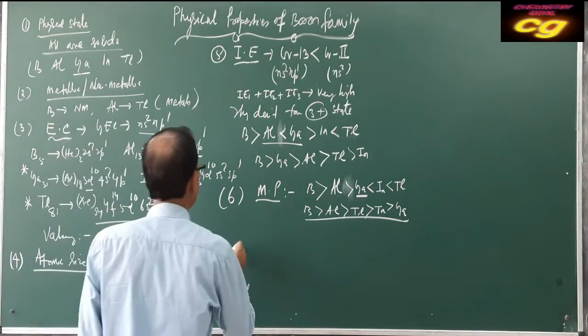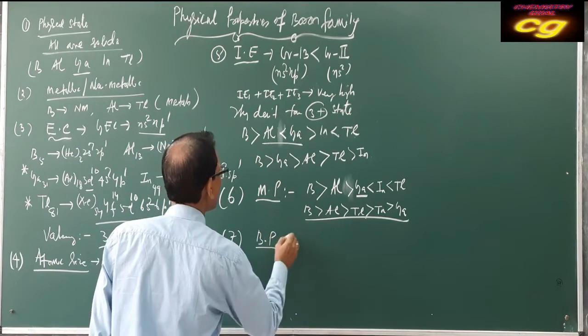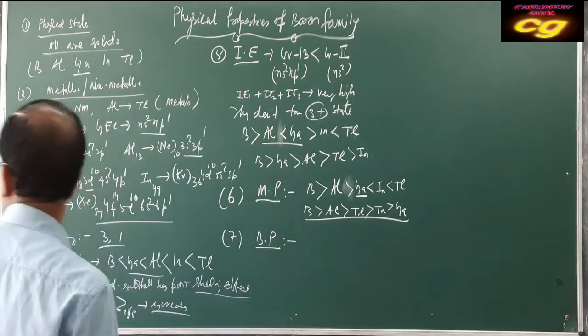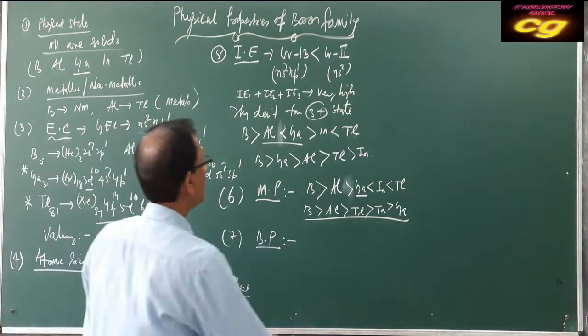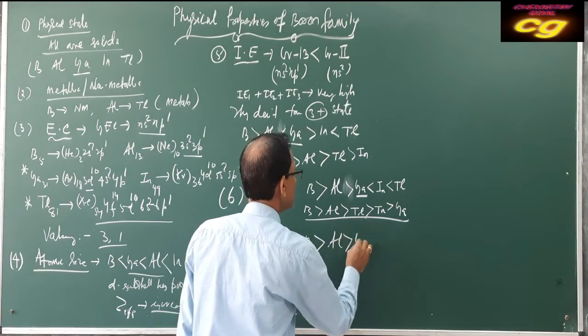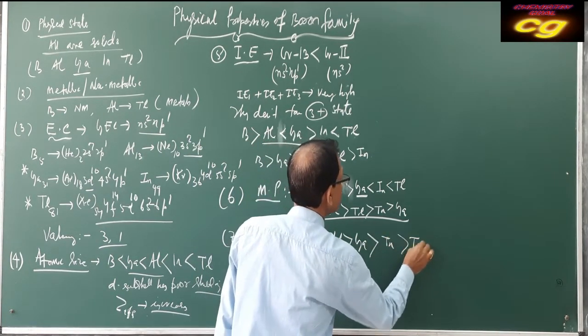This is the melting point. Then boiling point. The boiling point generally has a decreasing order: boron greater than aluminium, greater than gallium, greater than indium, greater than thallium.